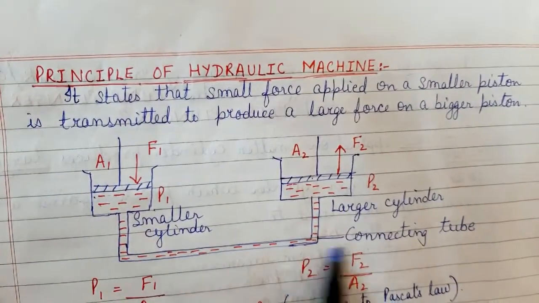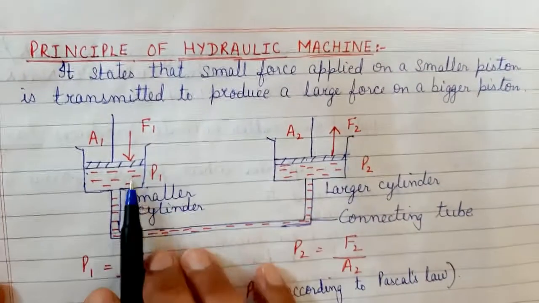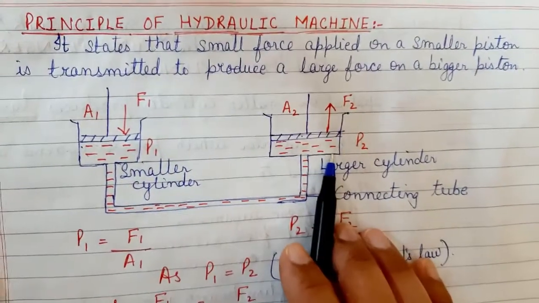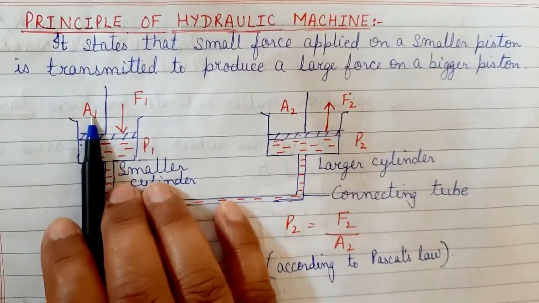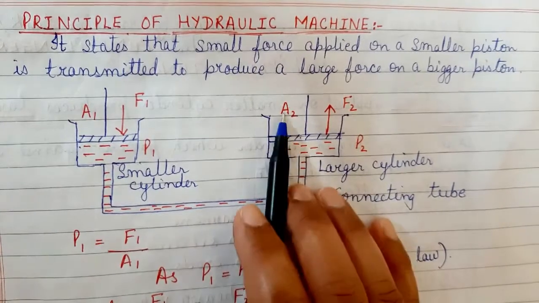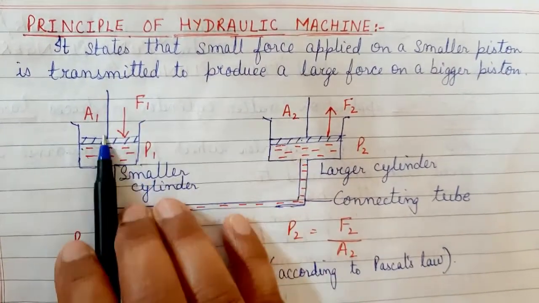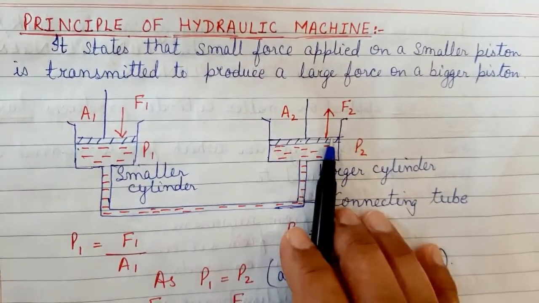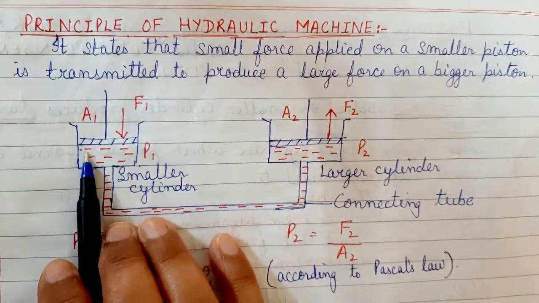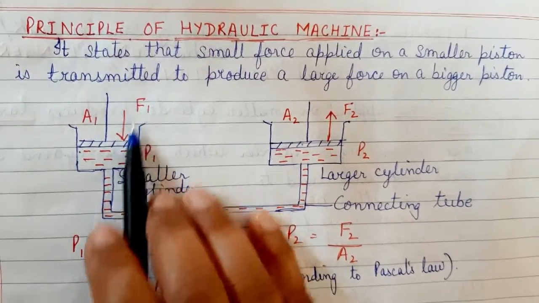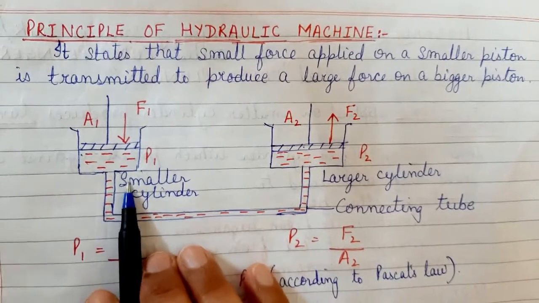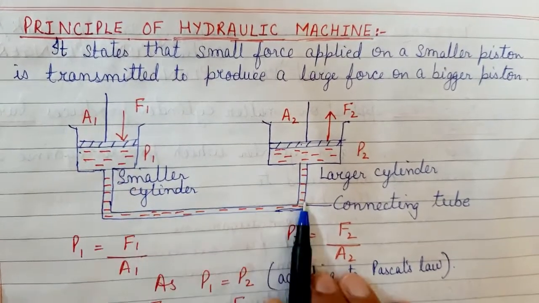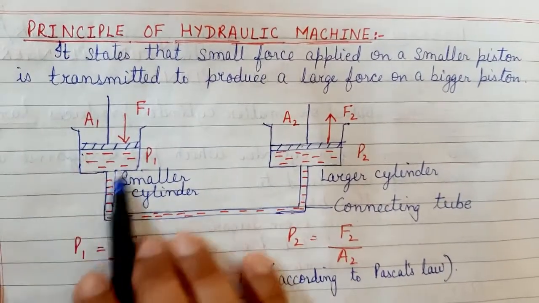Here I have drawn a hydraulic machine and you can see there are 2 cylinders, one smaller and the other larger. The smaller has an area of cross section A1 and the larger cylinder has an area of cross section A2, and both are fitted with frictionless pistons. What I am doing over here is that a force F1 is applied in the downward direction on the smaller cylinder, and you can see they are interconnected by this connecting tube and it is filled with water.